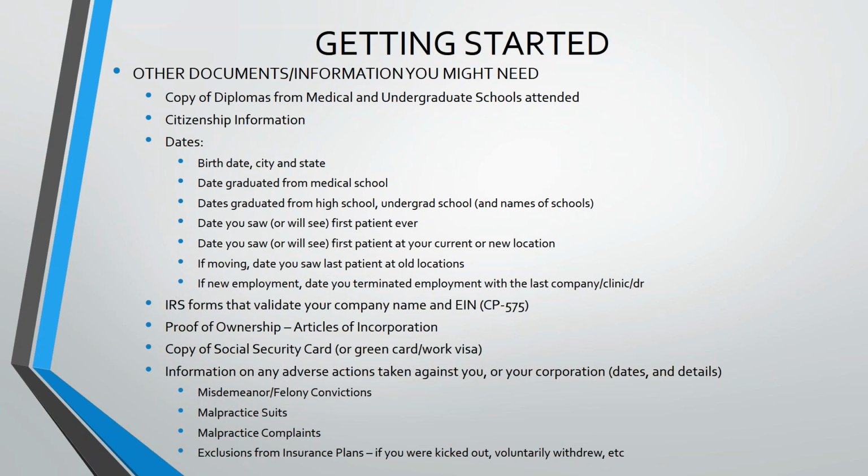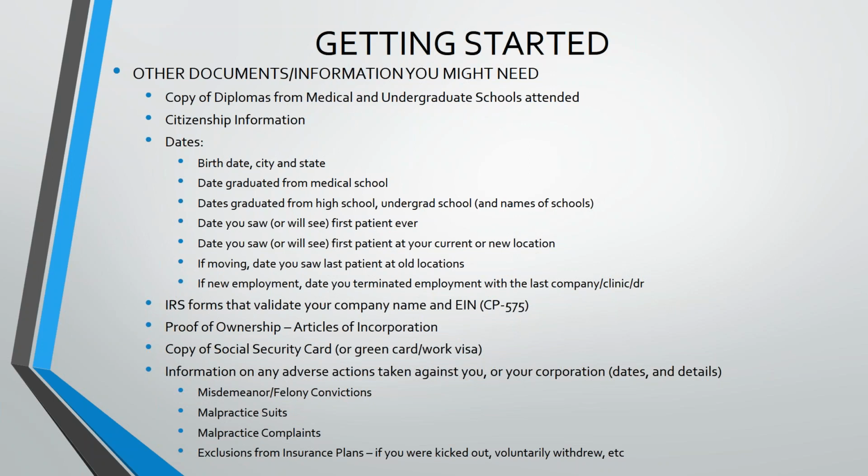Every credentialing application is going to ask you if you have had adverse actions against you. This would include misdemeanor or felony convictions, and it may specify that even if the charges were dropped, you have to disclose that. Malpractice suits or malpractice complaints that were brought against you, even if it didn't result in a malpractice suit, and what the disposition of those suits or complaints were.